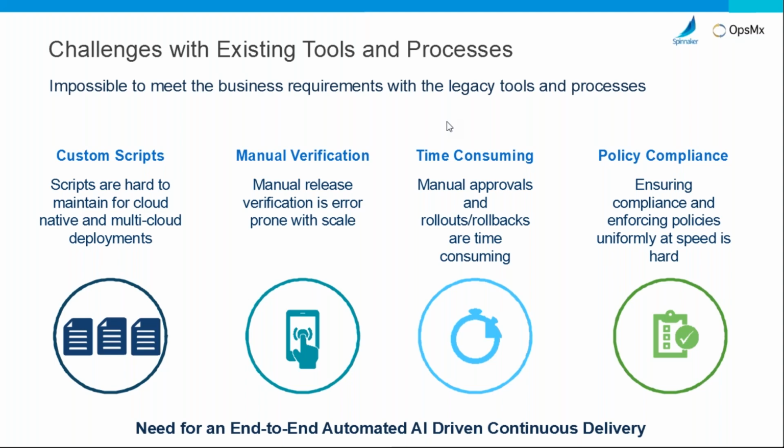So for all of these challenges, we have found that the one best practice is to have end-to-end automation, starting from the deployment till promoting your deployment to production. End-to-end automation is the best practice which we have found out.